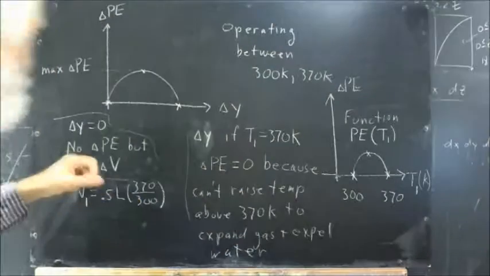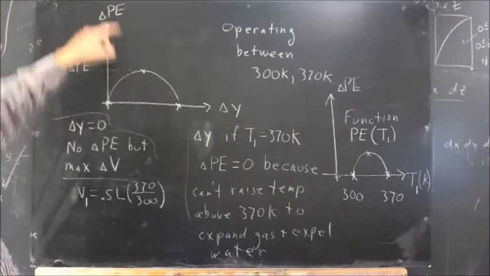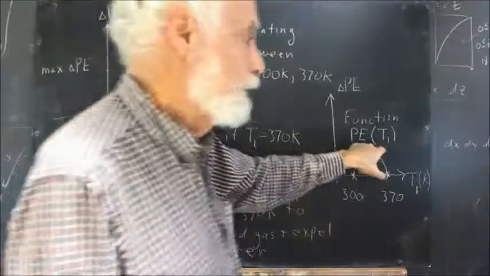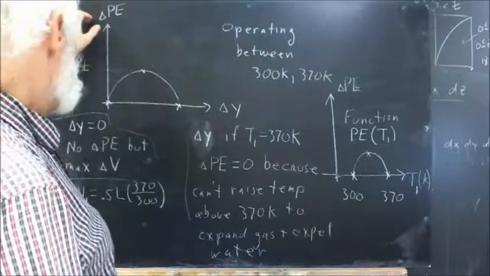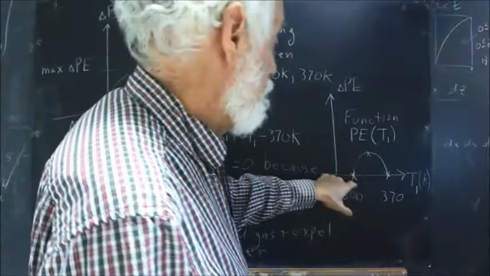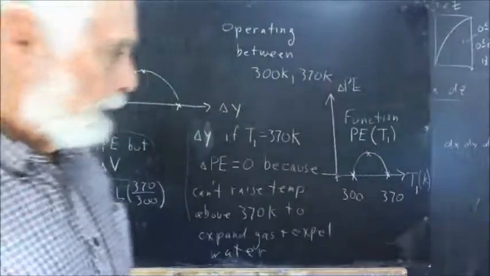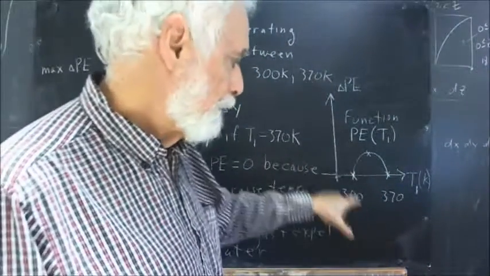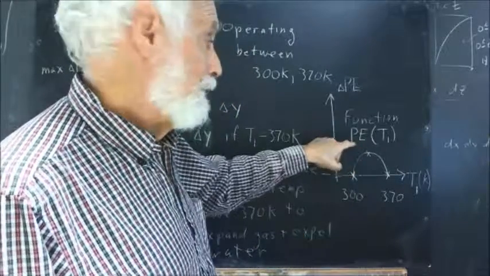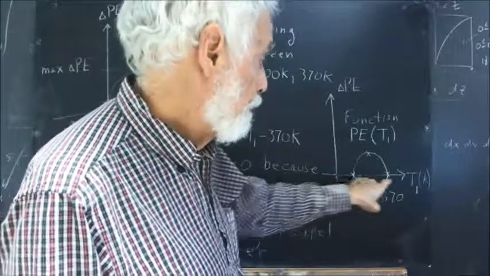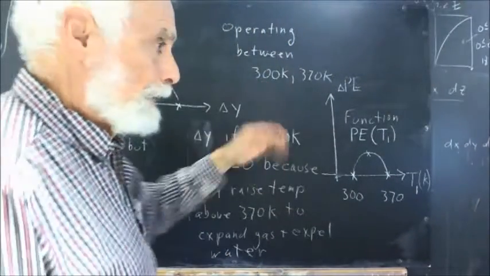So we could equally well represent the potential energy as a function of T1. Potential energy being a function of T1, well, I was going to talk about a composite function there, but it's going to be easier to understand that if we actually get the functions. So the point is that if T1 is 300 Kelvin, then that's the same as the initial temperature.